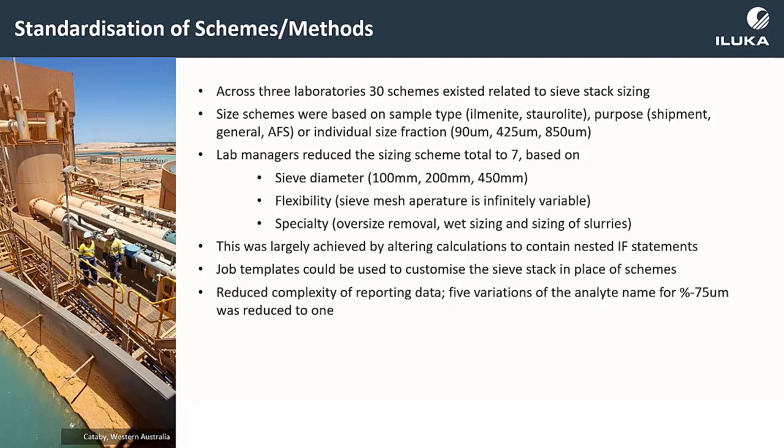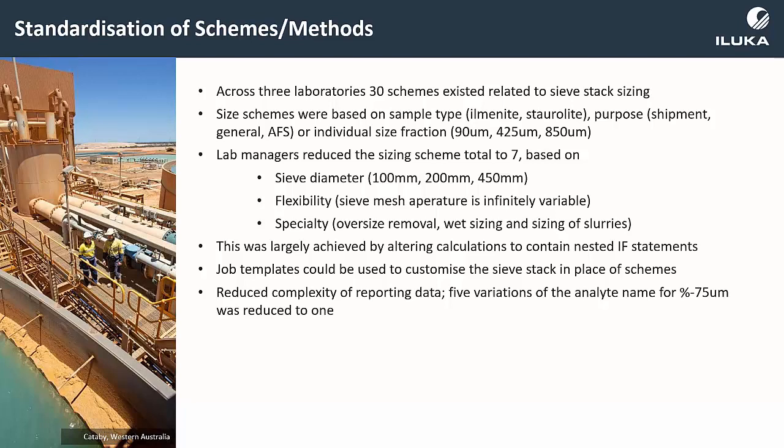The way that we looked at how we could improve this was to simplify everything. We use nested if statements to allow flexibility within our sizing schemes, so instead of having separate schemes, we could then customise each scheme in a job template.